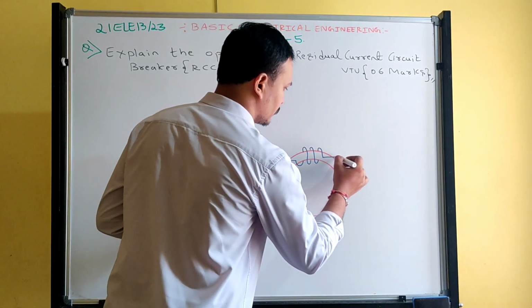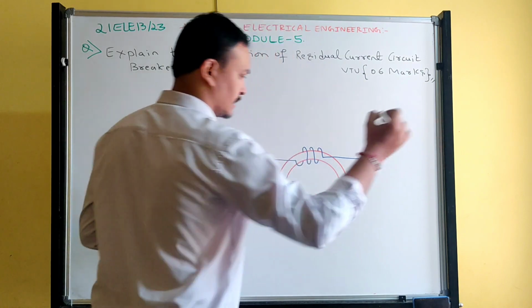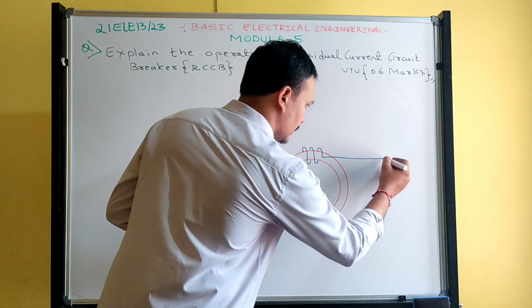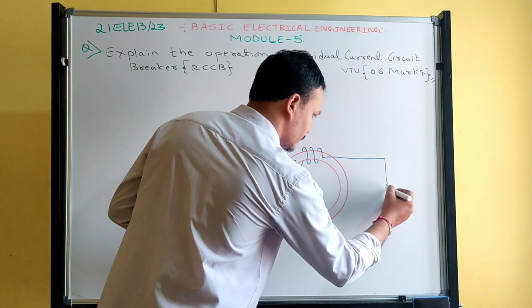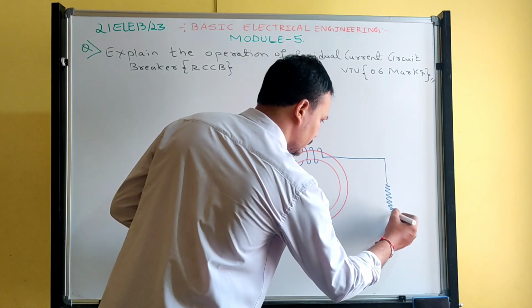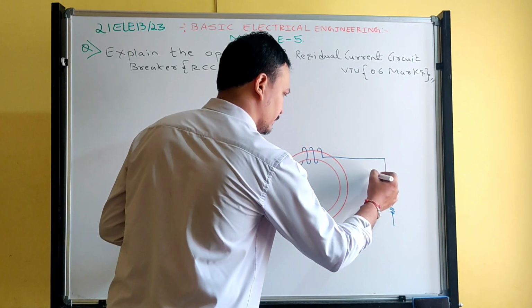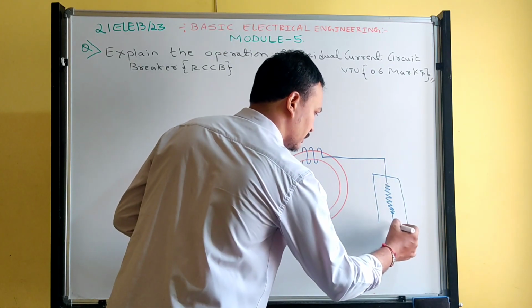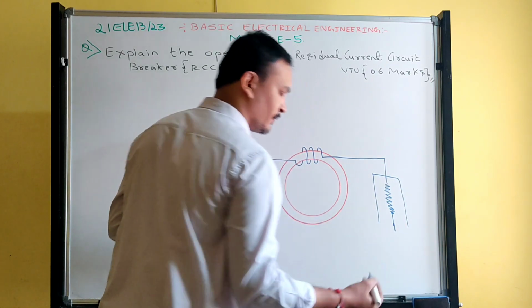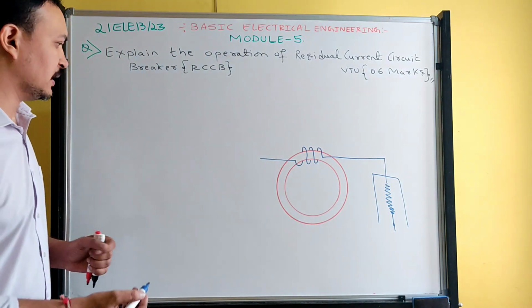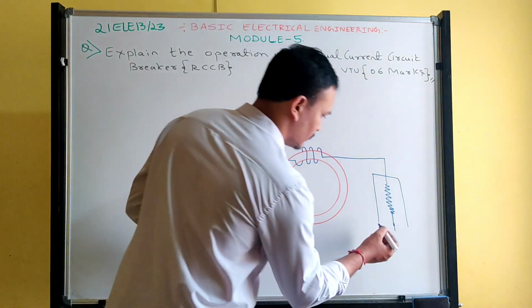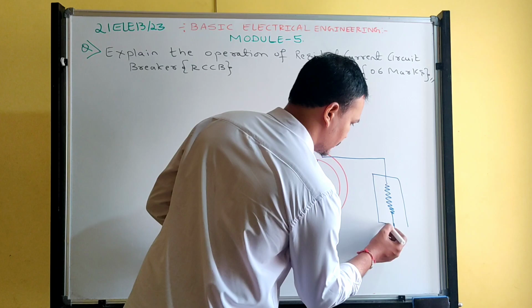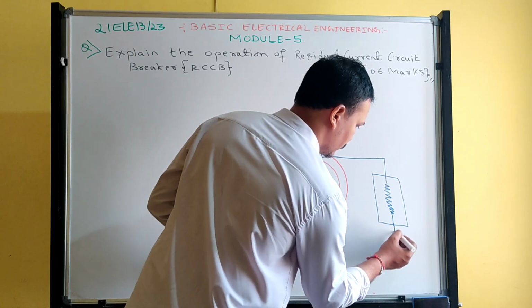This is extended a certain distance and connected to some load. Consider it a machine, a motor of any type, single phase or three phase, but I am drawing for single phase supply. We can have RCCB for three phase supply also.